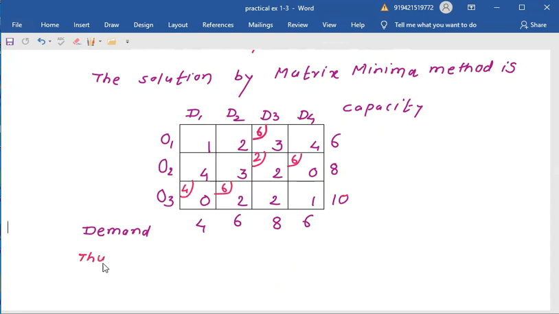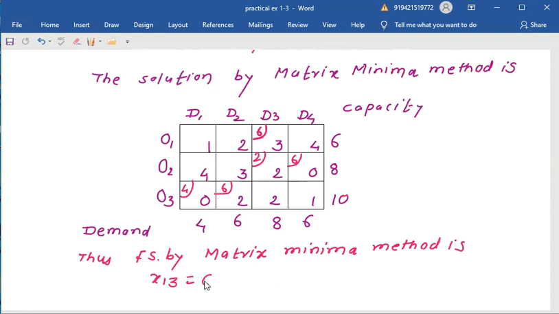Thus, x13 is equal to 6. That is, transport 6 units from the first factory to the third warehouse.